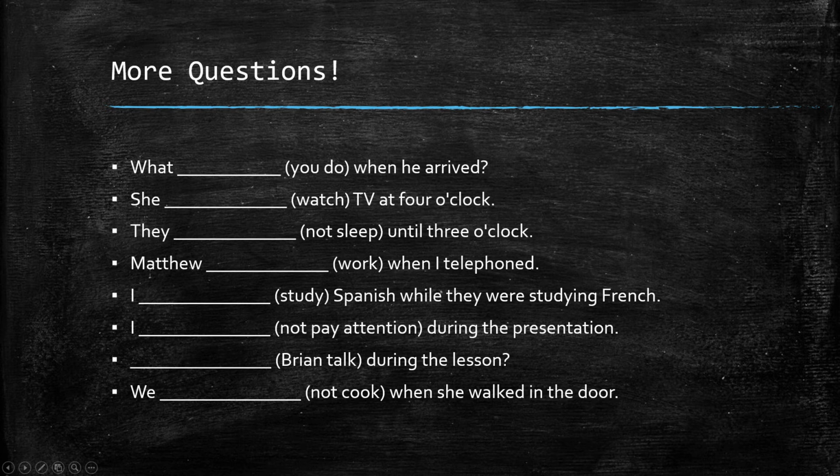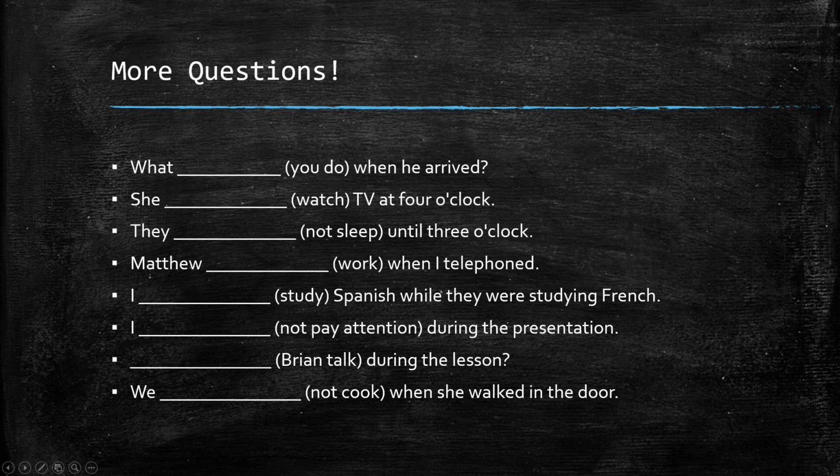The next one, I study Spanish while they were studying French. So the clues here, they were studying, however I was studying. So I was studying Spanish while they were studying French.